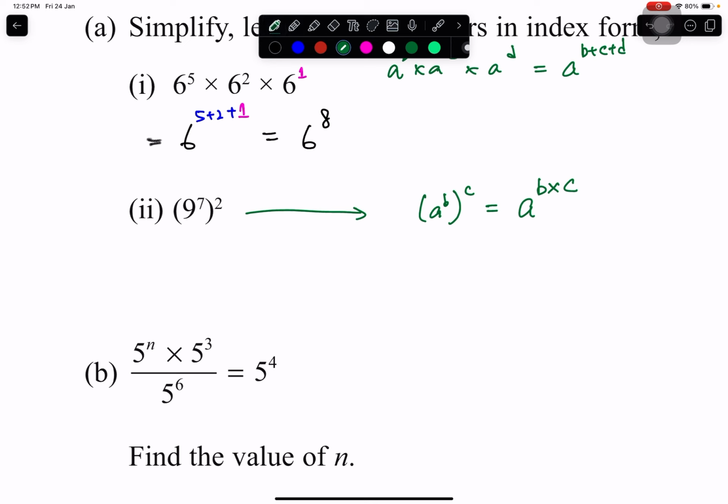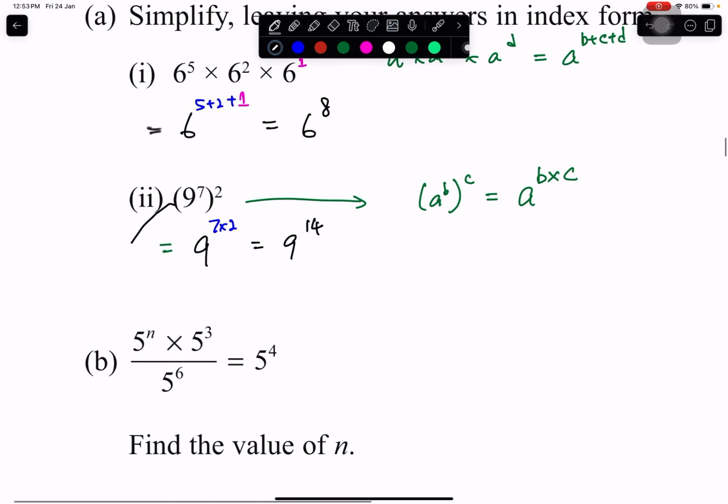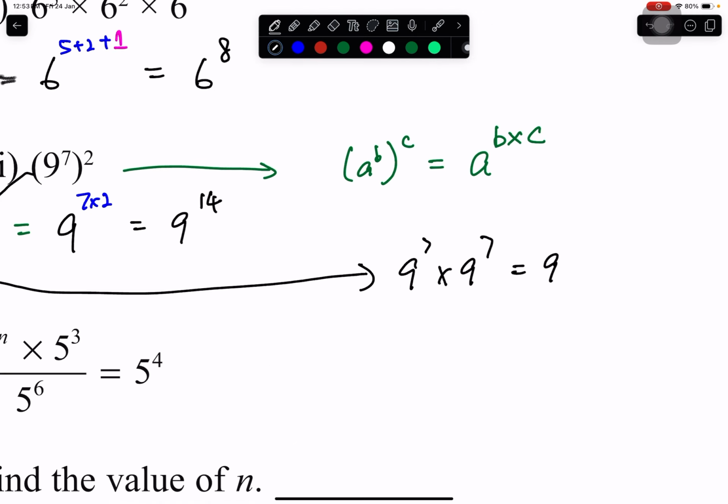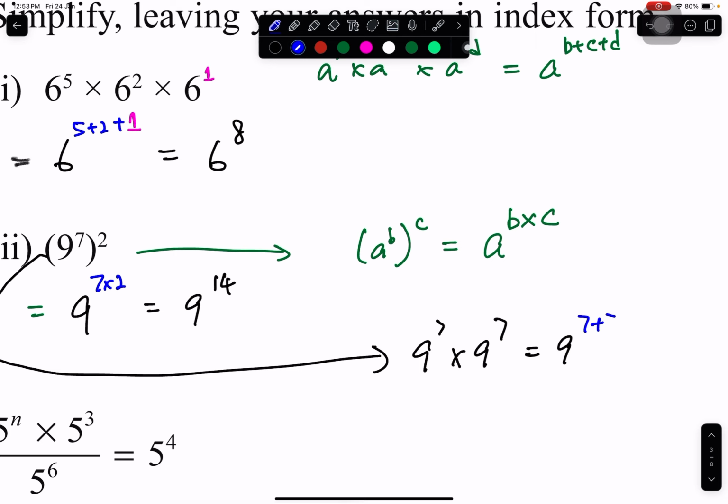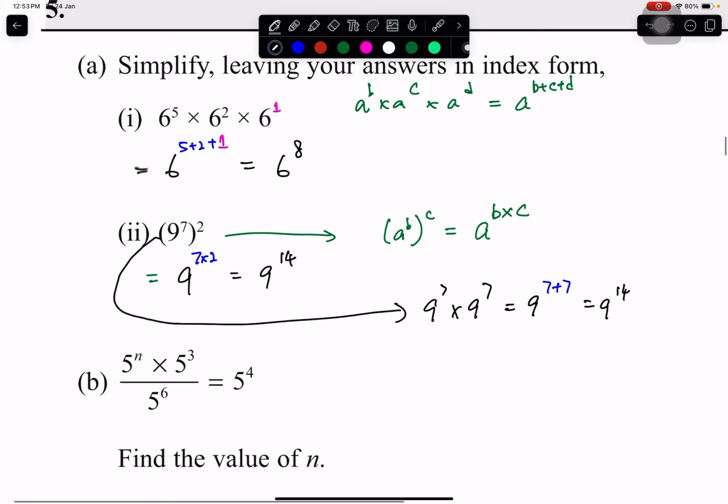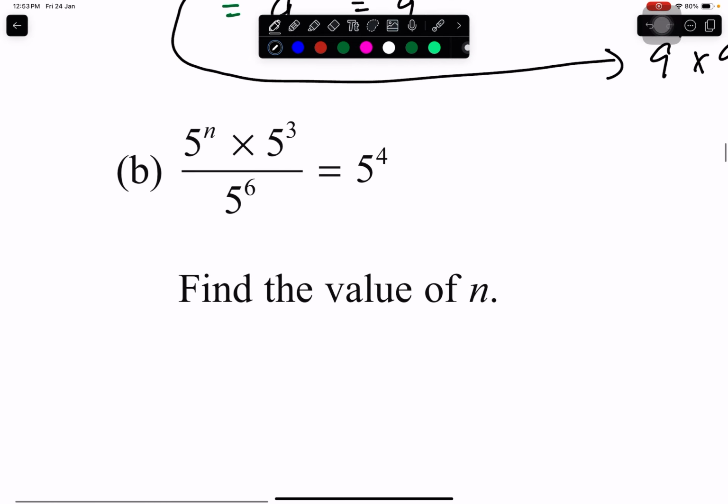So we will have 9 to the power of 7 times 2, which is 9 to the power of 14. Another way you can think of that is it is a square, right? So which is 9 to the power of 7 times 9 to the power of 7, which is 9 to the power of 7 plus 7. That also equals 9 to the power of 14. Same thing. Okay.